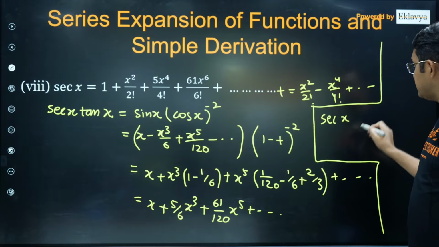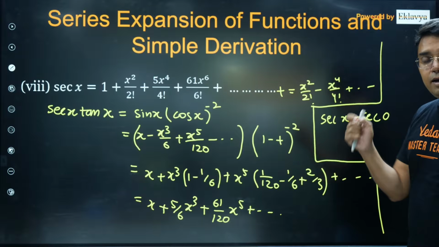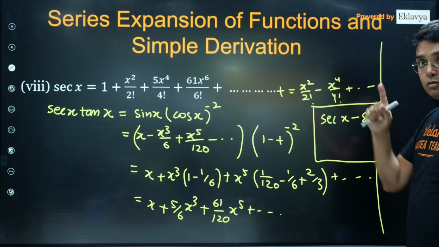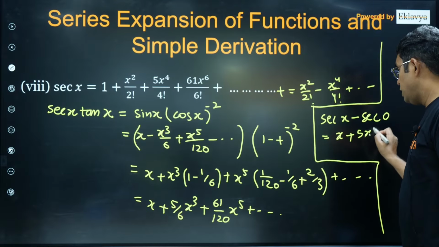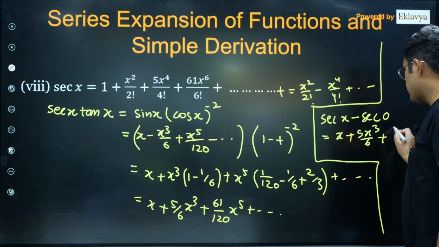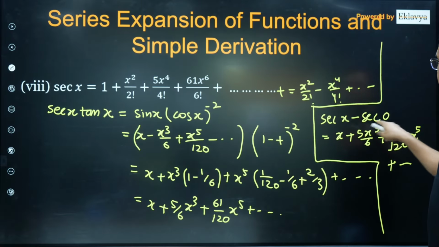At x it will be x, but at 0 it will not be 0, so don't discard the lower limit always. Secant 0 is 1, and that is equal to x plus 5x cube upon 6 plus 61 upon 120 x power 5 and so on. So that's how you can see this term of 1 is coming here.